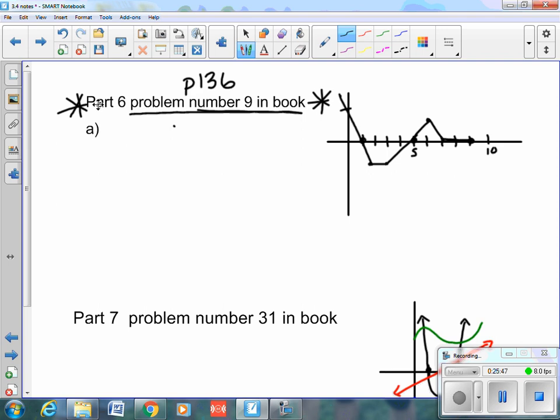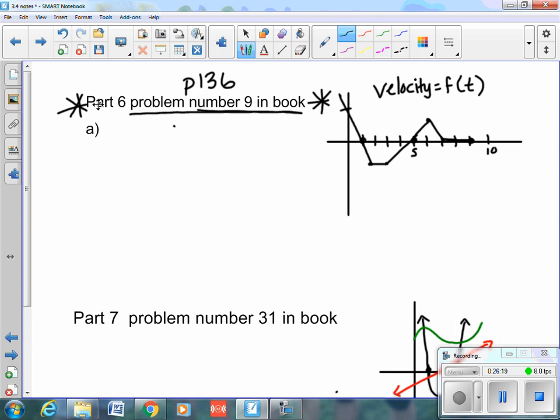It says the velocity equals f of t. So that's not a position graph, that's a velocity graph. That is the derivative graph, right? It says velocity equals f of t, but it really means it's f prime of t. Everybody understand that?